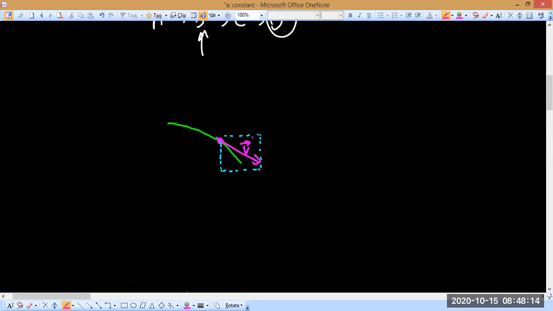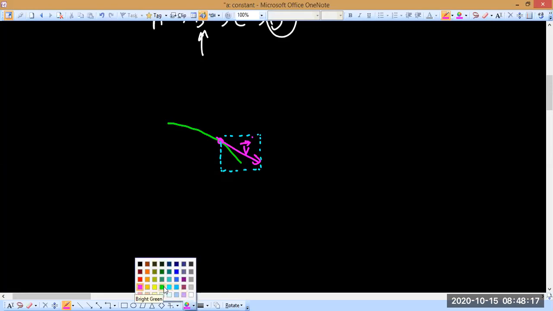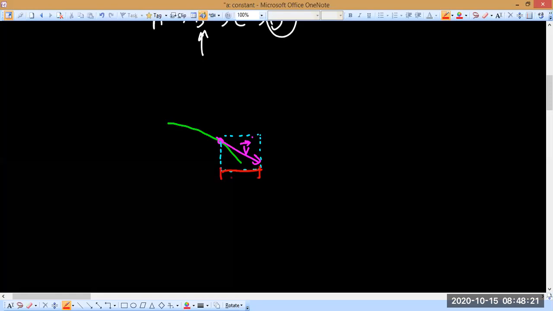So now this velocity vector has two components. One is the x component, Vx, and the other is the y component, like this, or here, whichever way you like. Okay, a rectangle. Is this clear?